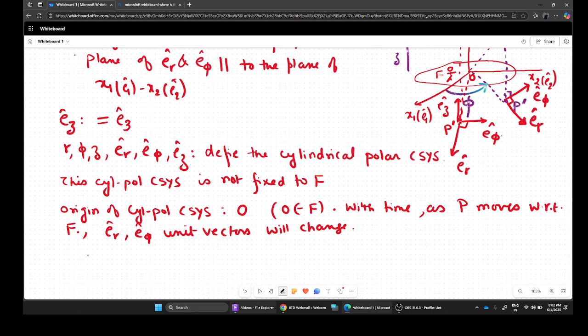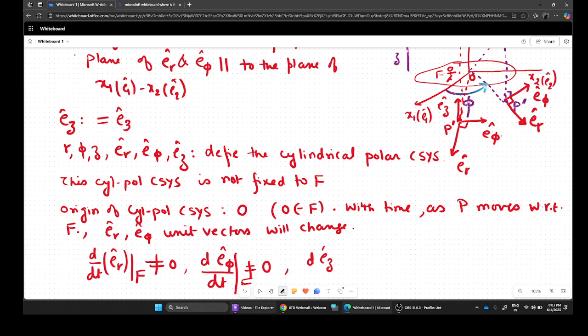It means that while trying to derive the expressions for velocity and acceleration, if you come across expressions like this, you should not set that to be 0. Similarly, the second unit vector, if you come across its rate of change, this should not be set to 0. However, if you come across the rate of change of the third unit vector of the cylindrical polar coordinate system, that is still 0.